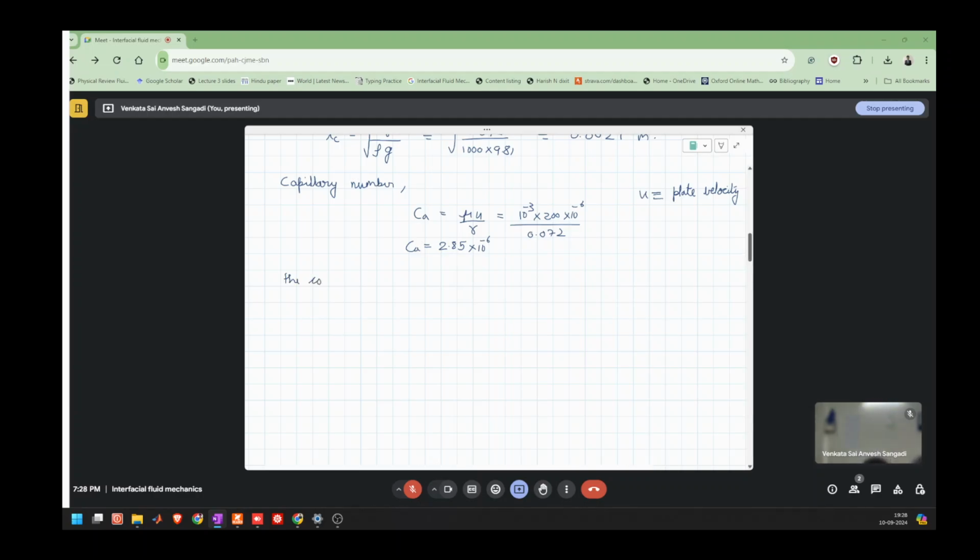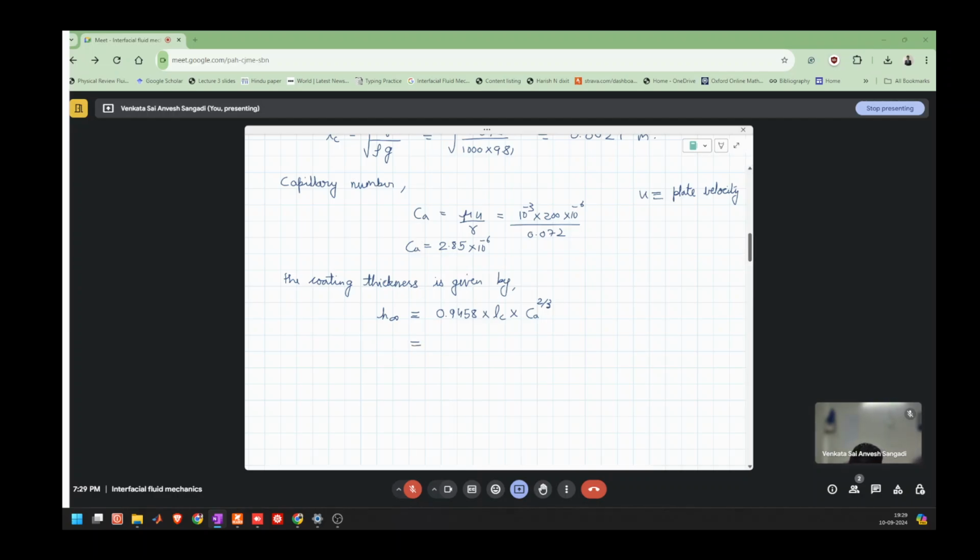The coating thickness is given by H infinity. H infinity is equal to, we know this from the notes, 0.9458 into LC into the capillary number to the power 2 by 3.